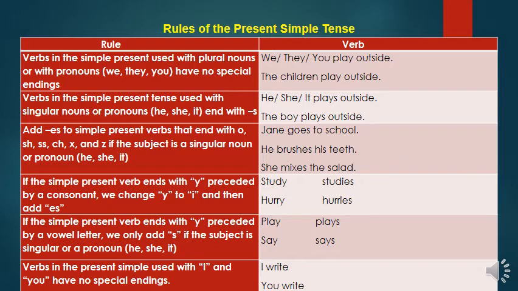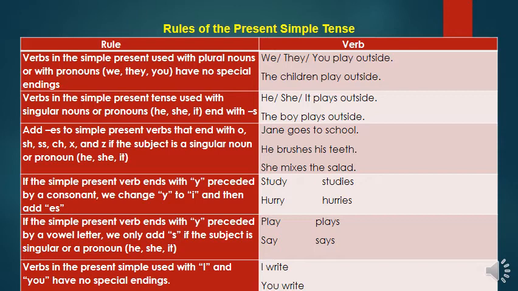The last rule says that verbs in the present simple used with I and you have no special endings. It means I say, I write, I play, I eat, I drink, I study, I do, I watch, I brush. And I say the same to you.